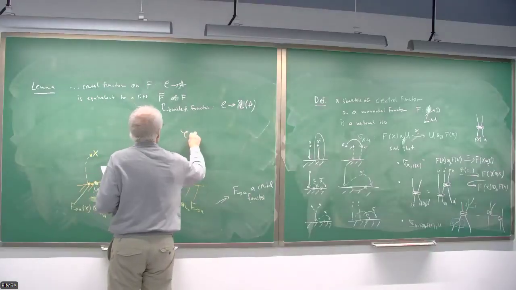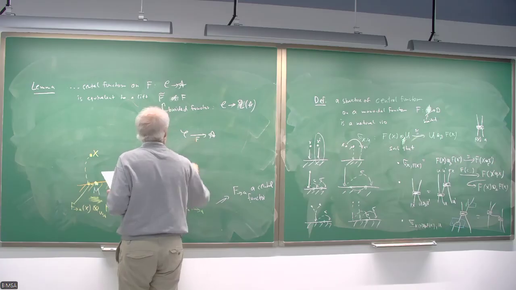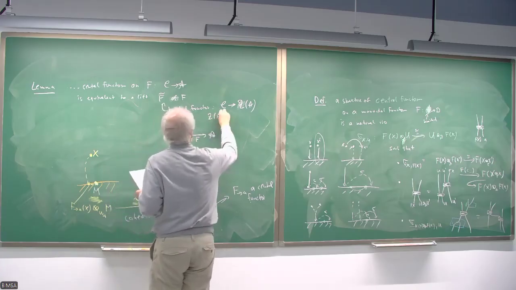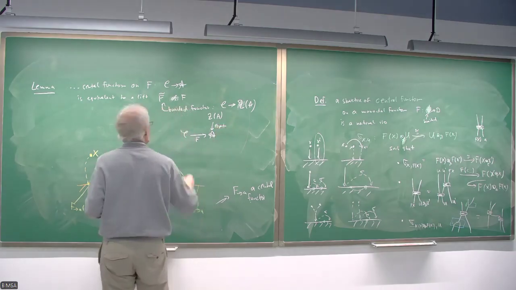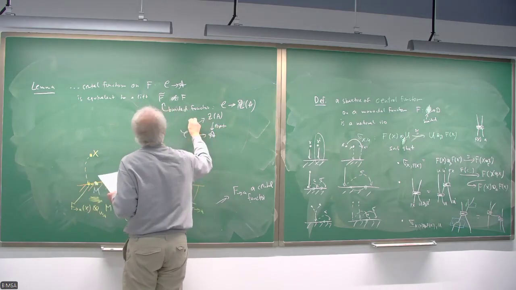So we start with our functor F. We have the forgetful functor from the Drinfeld center to A, and then there must exist such a lift.